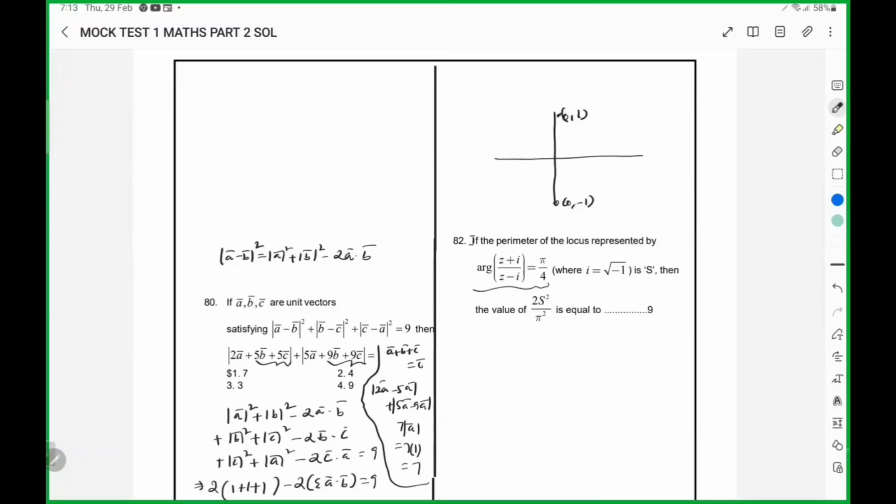The argument is pi by 4, so that will be a major segment. Here it is (0, 0), the center. It definitely represents a circle because angles in the same segment are same.